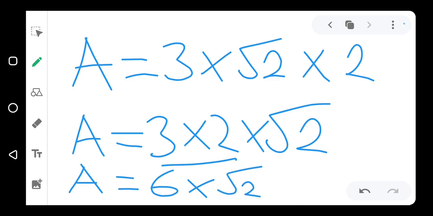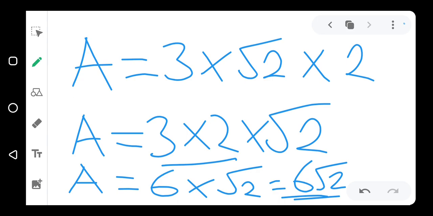Now I've said that if you have a whole number and a number with square roots, you just bring the two of them together: you write the whole number first, remove the multiplication sign, and write the one with square roots. So it becomes 6 root 2.